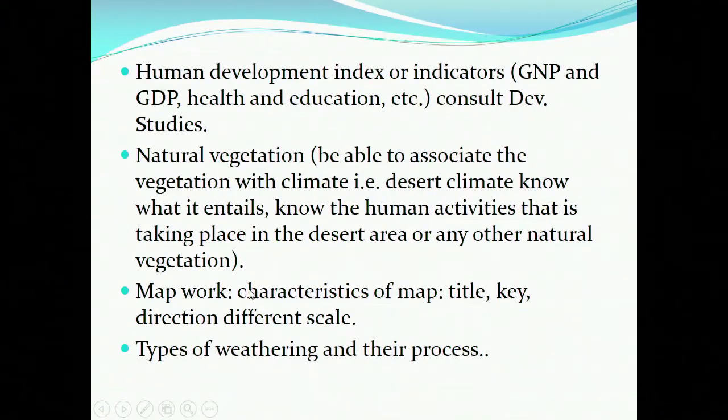So another thing that we need to look at is map work. Which means that in either one of your papers, you might find a question in research, you might also find a question in map work, whereby you need to understand the characteristics of a map, like the title of the map, which area it is for, and the key that is being used there, so that they can guide you to answer questions that are based on map work.